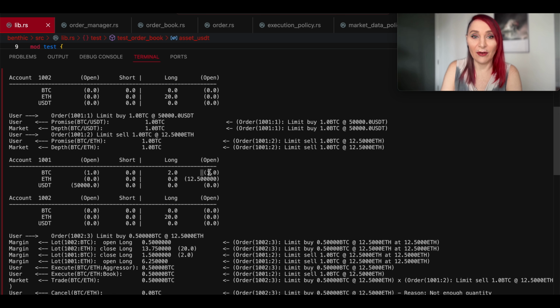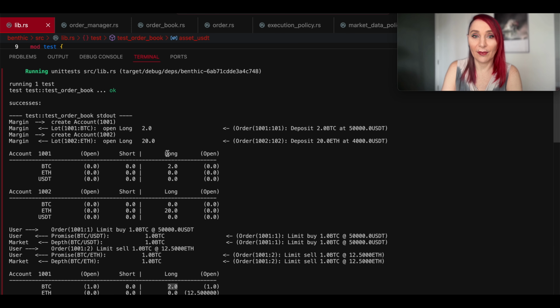Then they are potentially long 1 Bitcoin, and they are potentially long 12.5 Ethereum, right? Because they'll be receiving Ethereum when they sell the Bitcoin. And then they are long on Bitcoin. They have 2 Bitcoin. These 2 Bitcoin came from the initial deposit. Okay?